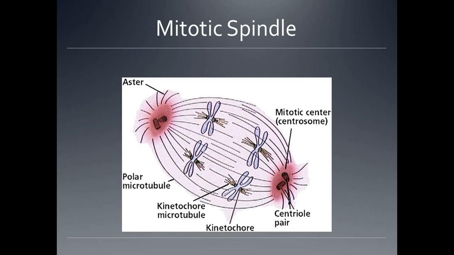You don't need to know all of these terms, but just so you can kind of get an idea, let's pretend this whole white space would be the nucleus. You can see there's no nuclear membrane anymore. And these X-shaped structures are the chromosomes, which are those coiled up pieces of DNA. This chromosome would match this chromosome. They would have the exact same structure, the exact same DNA information on them.